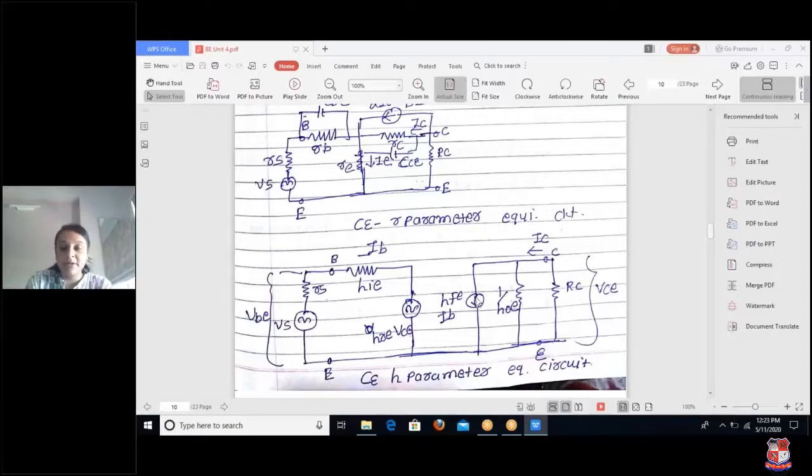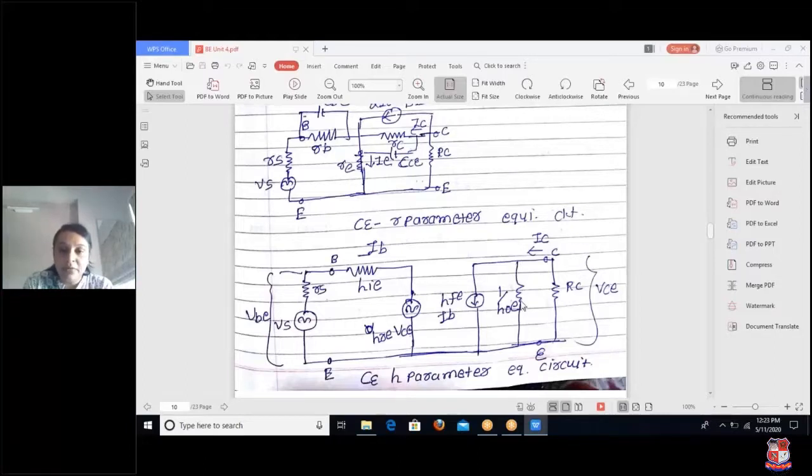After some space, we put one current source, and here we consider the current source in a reverse direction, because in a common emitter amplifier your output is given in a 180-degree phase shift, right? So HFE into IB. IB is your base current, your input current. HFE is your forward current gain, forward current.